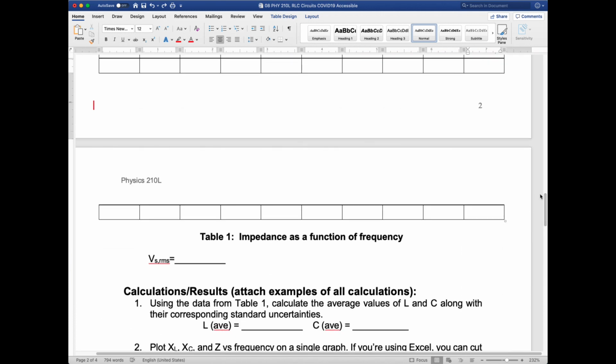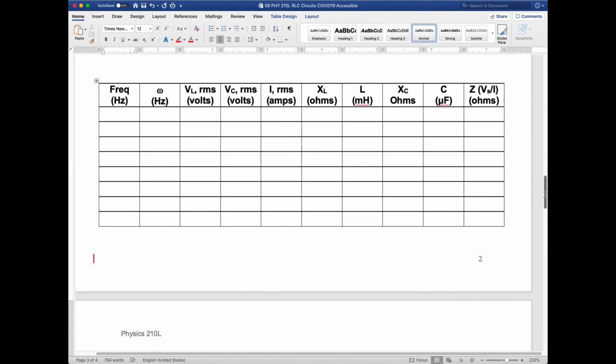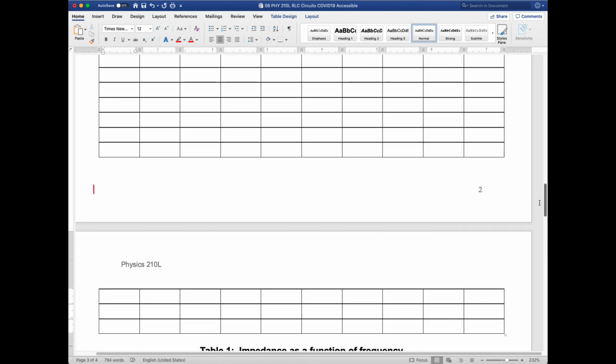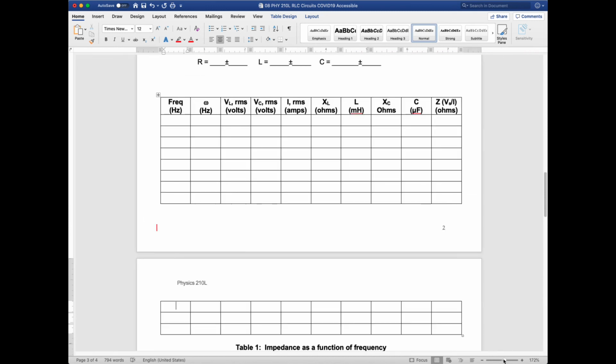By the way, if you don't know how to add rows, you hit return. So you put your cursor at the end of a row and you hit return, and it adds a row. What's wrong with my table right now? Yeah, it's on two different pages.